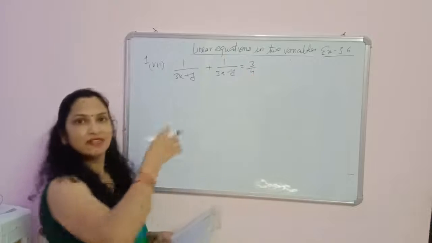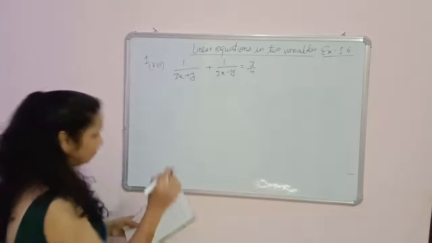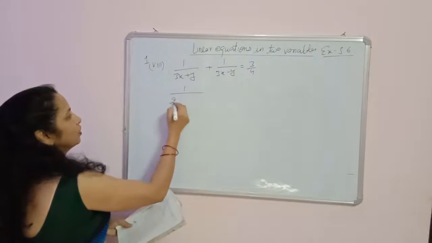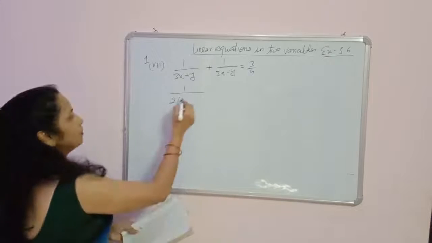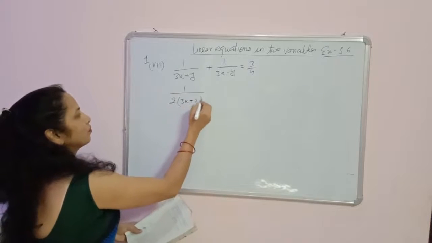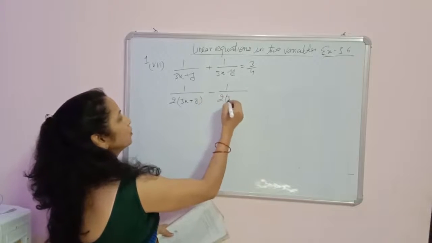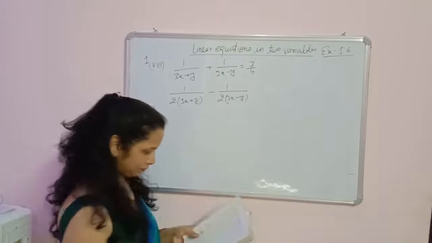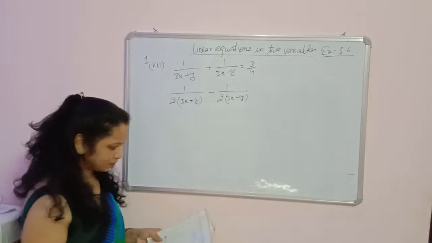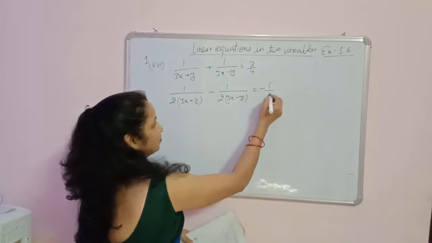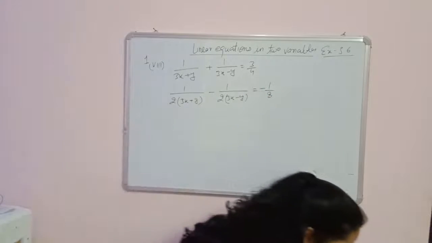This is the first equation in the question and the other one is 1 upon 3x plus y minus 1 upon 2 times 3x minus y is equal to minus 1 upon 8. So this is the question.